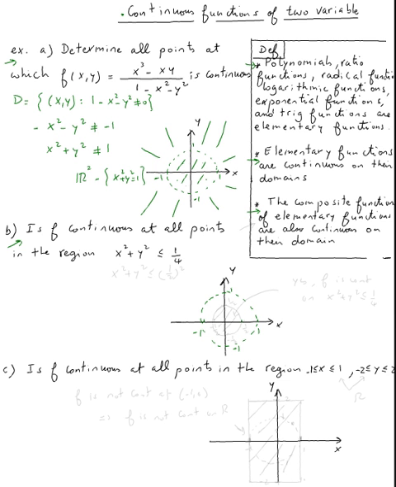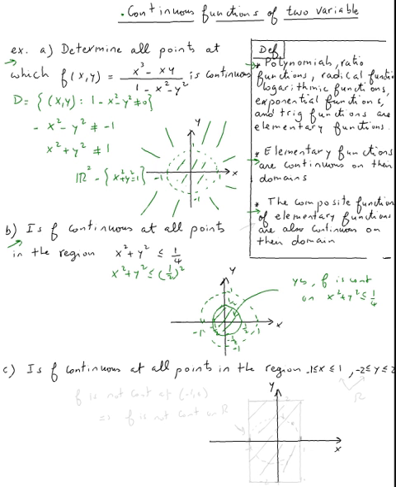Let me rewrite it: x squared plus y squared less or equal than 1 over 2 squared. So the radius is 1/2. So this is the region, and we can tell the function f is continuous. So the answer will be yes, f is continuous on the disk x squared plus y squared less or equal than 1/4. Why? Because it's continuous at each point there. We don't have a problem.